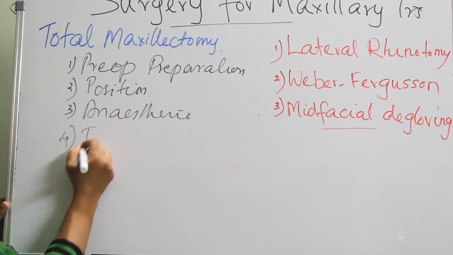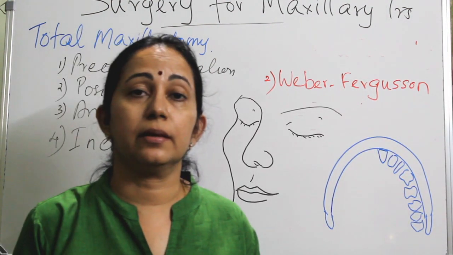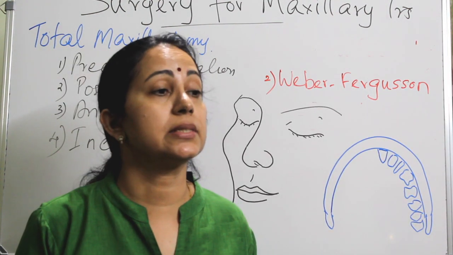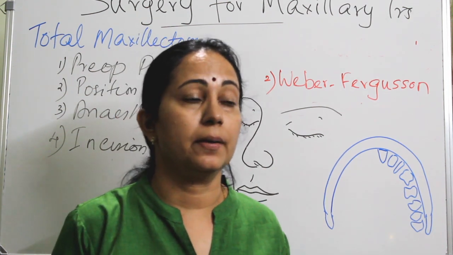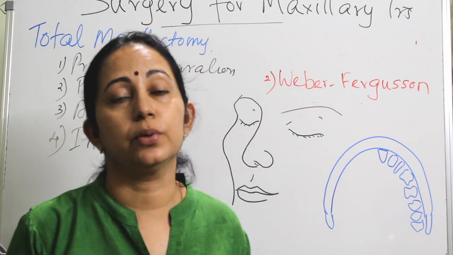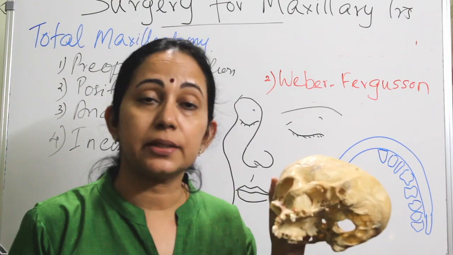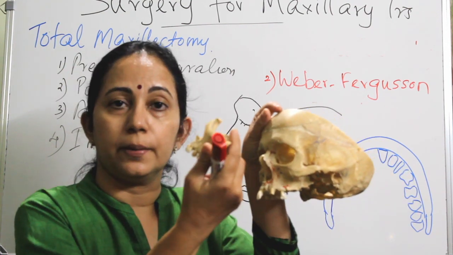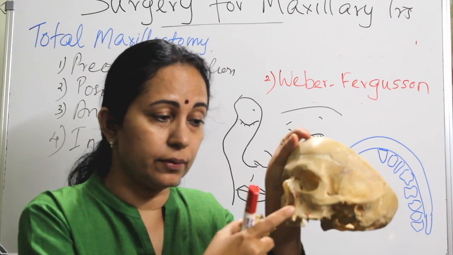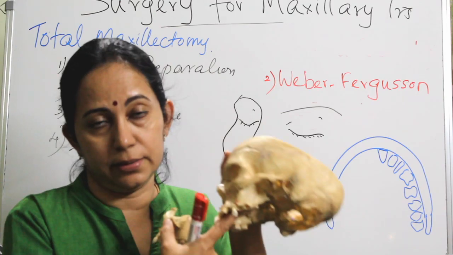Then incision. So I'll explain the classical Weber-Ferguson incision, but it is rarely used now, and there are so many modifications made to Weber-Ferguson to make it more cosmetically appealing. But our intention is to remove the maxilla as a block from the facial skeleton.